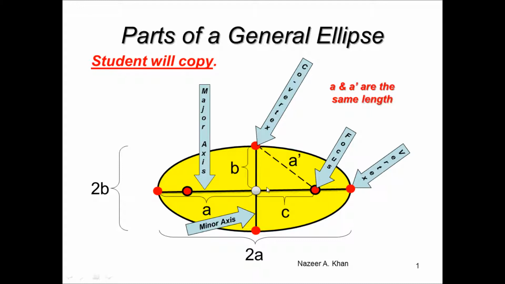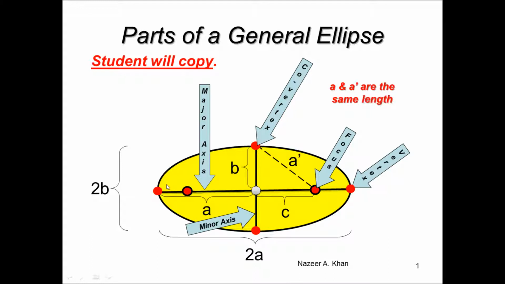The other thing that we should keep in mind is that the length from the co-vertex to the focus is dictated as the variable a prime. Now it's dictated as a prime for a particular reason. A and a prime is the same length. They're not the same distance.